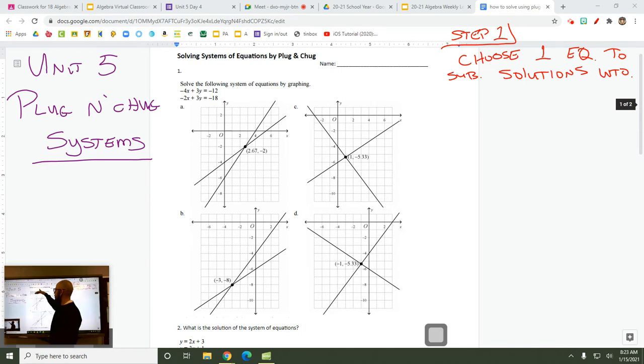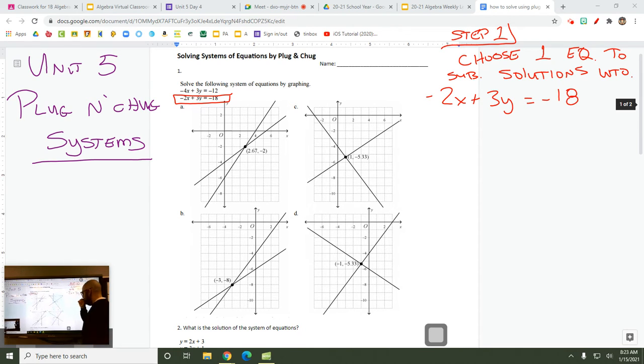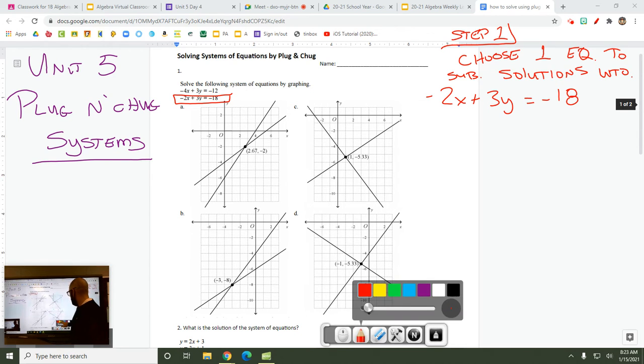It doesn't matter which one because they're a system, which means they go together. So no matter what we plug into them, one equation is going to tell us what we need to know. I'm probably going to pick this bottom one because it's got smaller numbers. Just me personally, I think it's going to make life easier, but you could choose the other one if you wanted to.